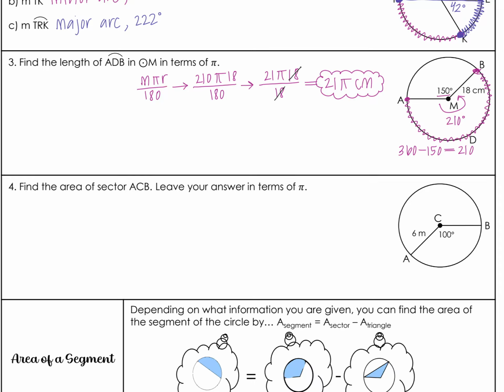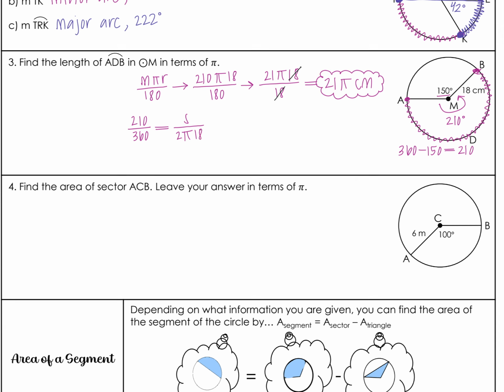If you're using that proportion, you would have that M, so that 210 over my 360 would be equal to the arc length. I'm going to use that S, which you won't have to define once again because it is a commonly used variable for arc length, over my 2 pi and then my radius of that 18.